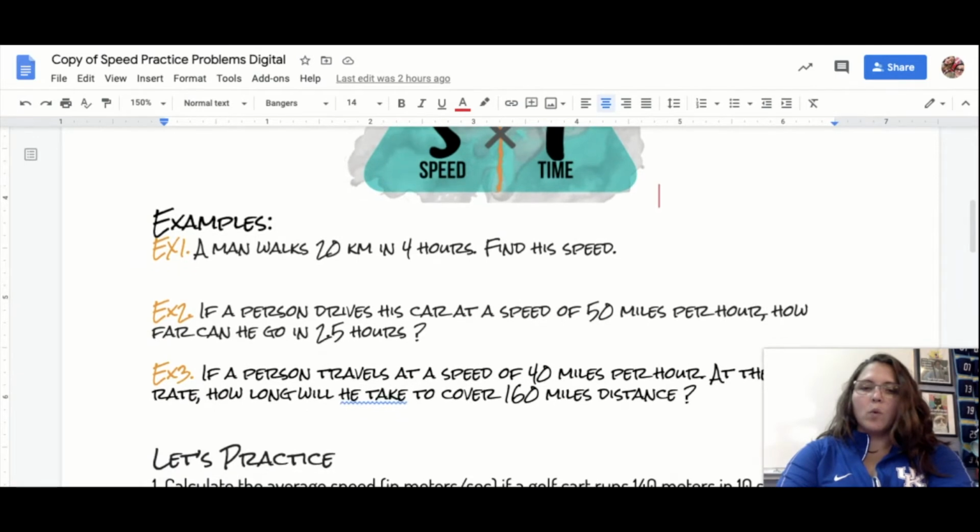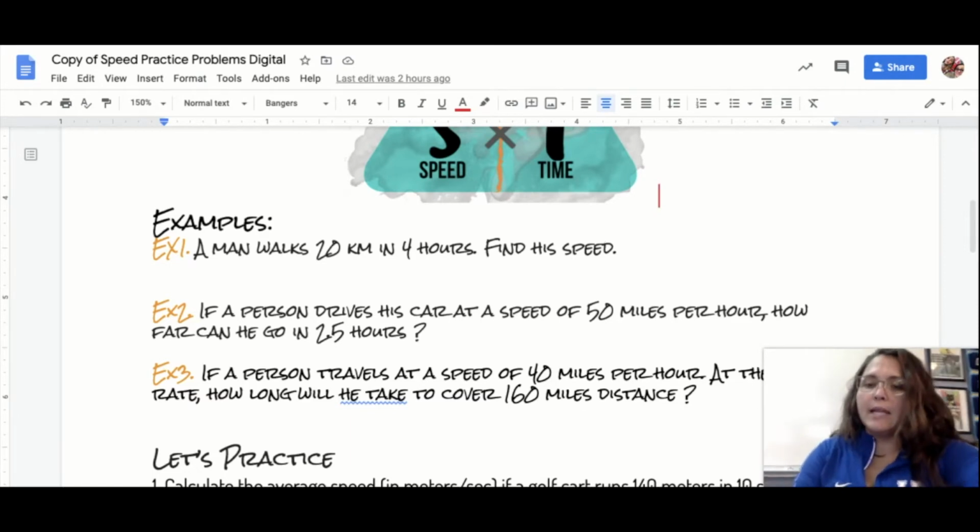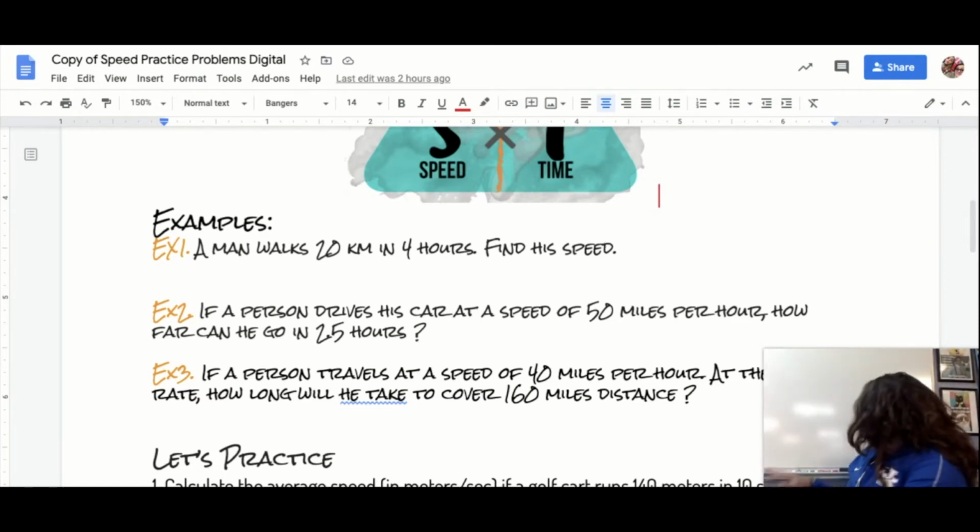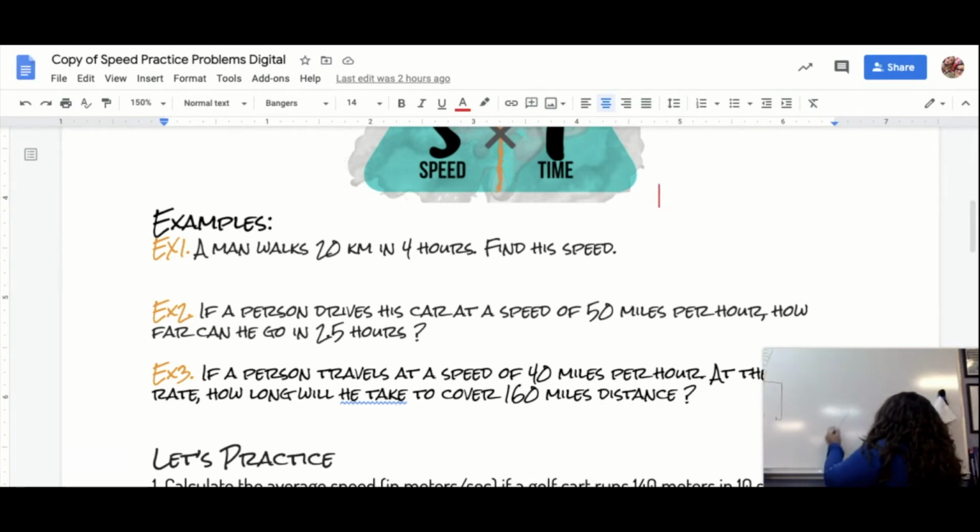So number 1 says a man walks 20 kilometers in 4 hours. Find his speed. So we are solving for speed. On my triangle, and I'm going to write one up on the board just to show you how to cover the things up, you've got distance, speed, and time.